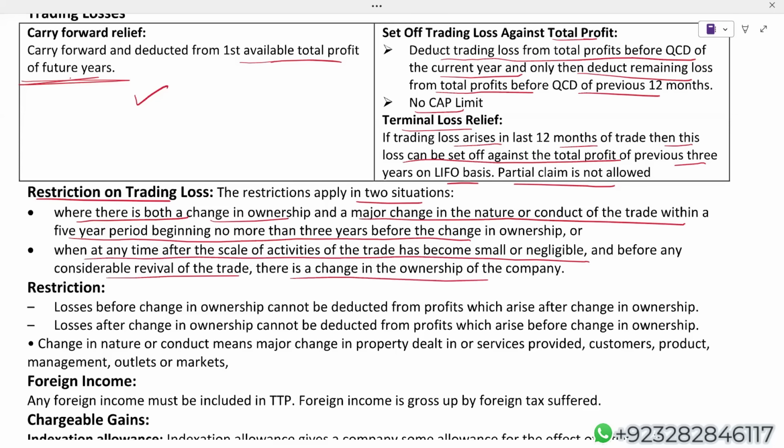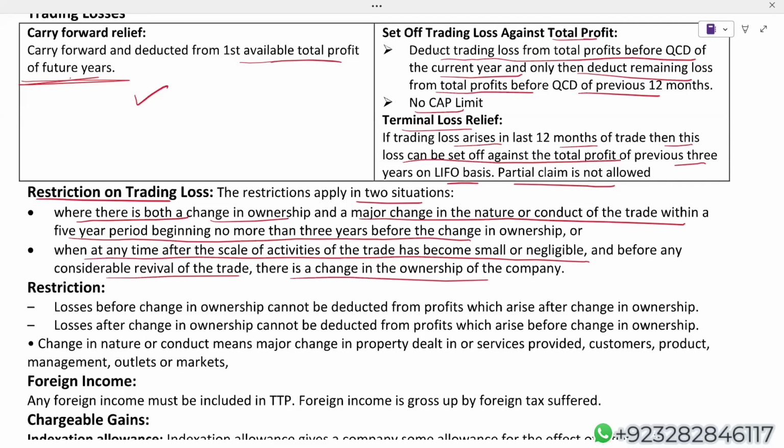For example, B Limited's profit trade has become very small, and before the revival, someone else has taken control of B Limited. In that case, if after someone has taken control, B Limited starts making profits after some time, you cannot utilize the loss.